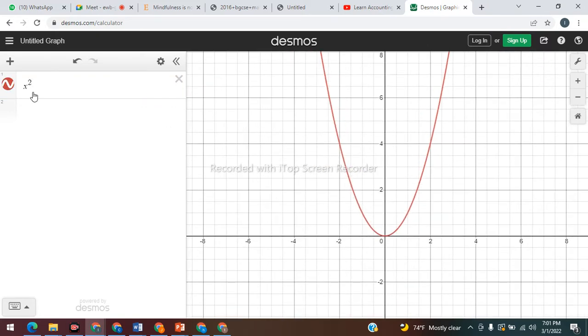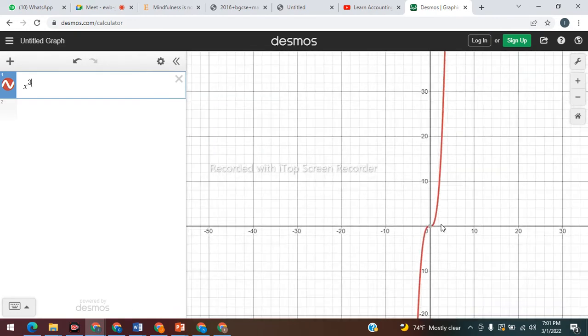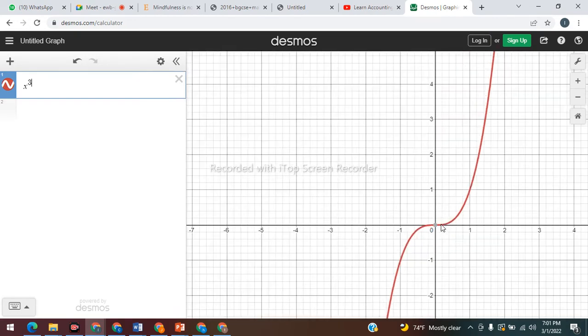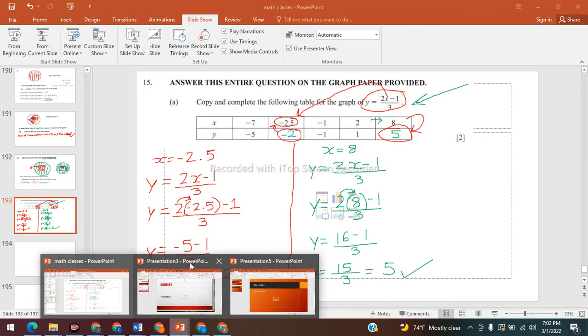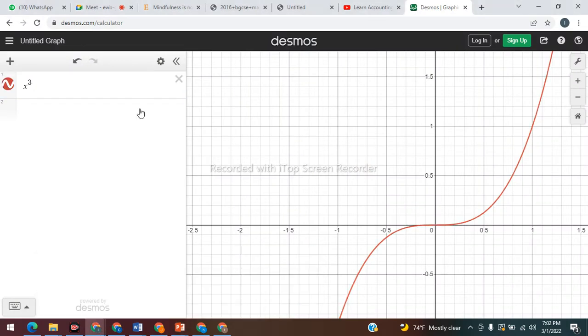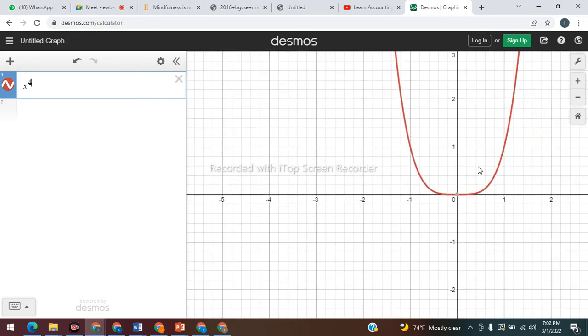If we have x cubed, it's an odd function, so it's gonna have that sort of shape going on. And then if it's to the 4th, it's gonna be up too, so like that. It looks almost like a parabola, but not exactly like a parabola.